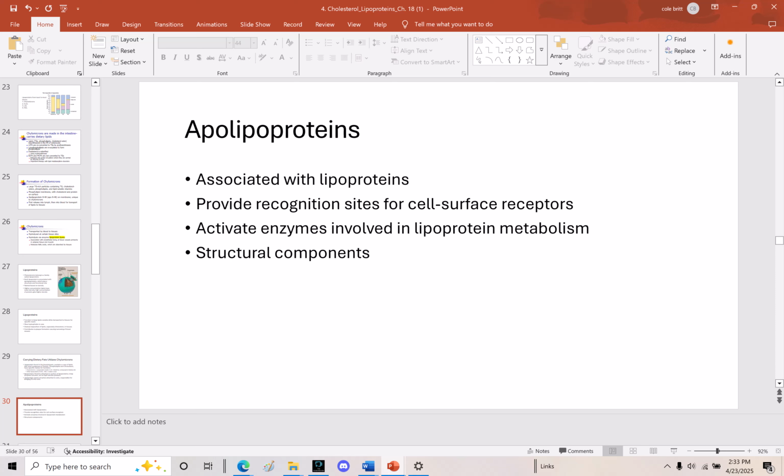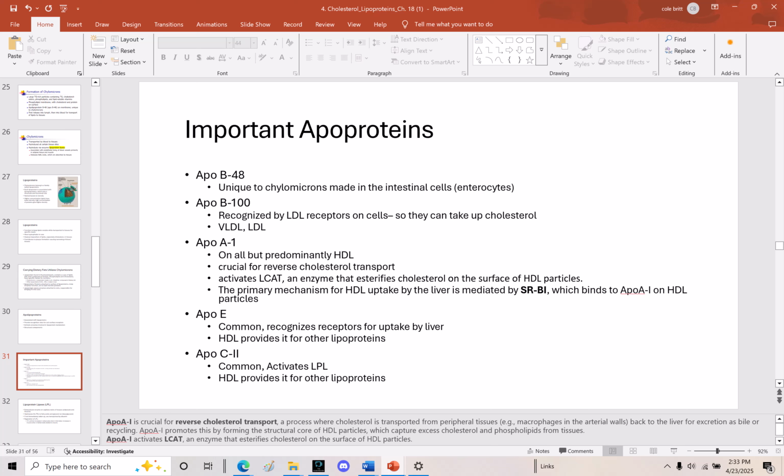ApoB48, first one, we've already talked about it, unique to chylomicrons. It helps maintain the structure of chylomicrons. That's really the main function of ApoB48. And it is unique to chylomicrons. ApoB100. This one is recognized by LDL receptors.